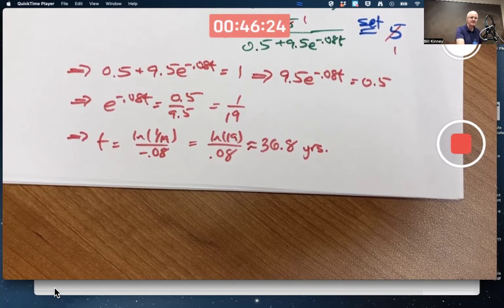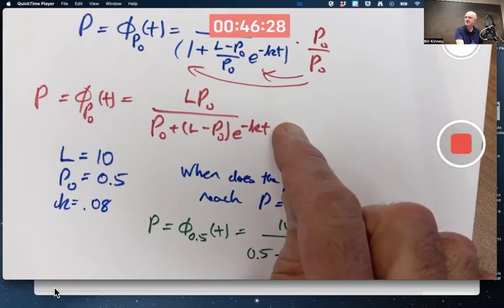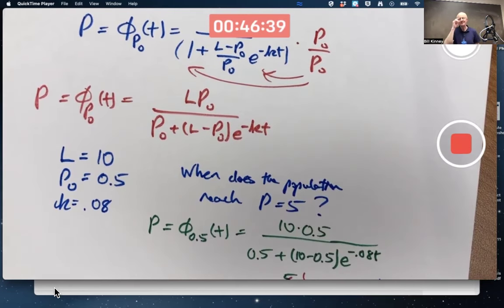Doing the arbitrary case is very powerful. It allows us to solve infinitely many problems at once. And then we can use this for any values of L, P naught, and K that we want. And maybe actually, this might be the case with, for example, trying to think about the population of the world in people, or billions of people.